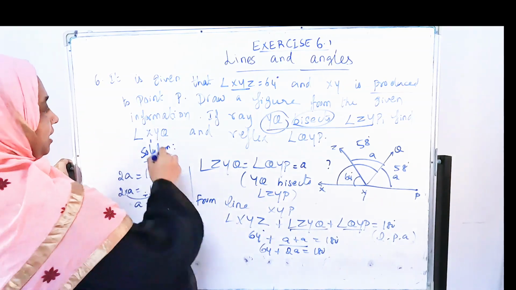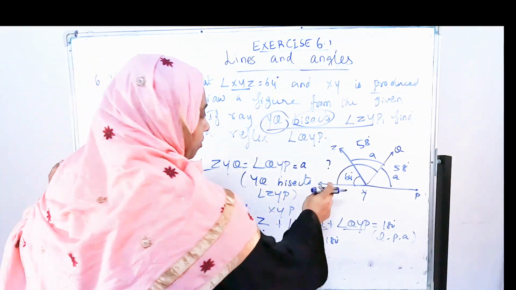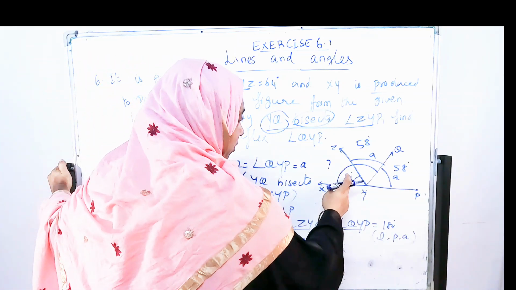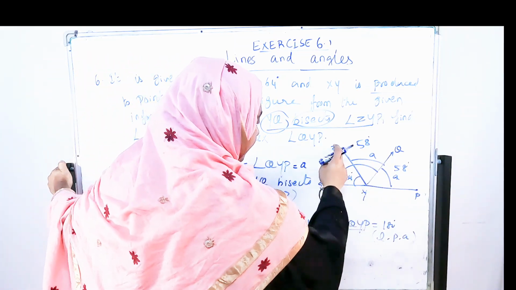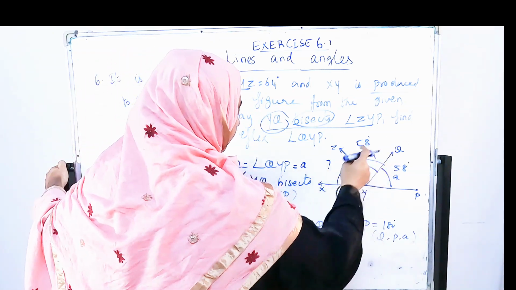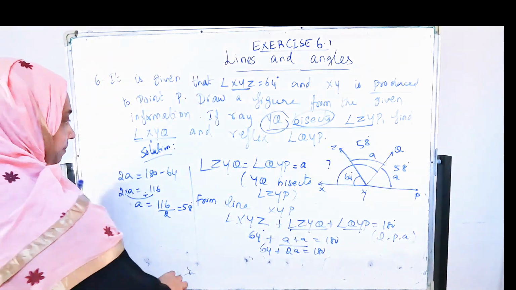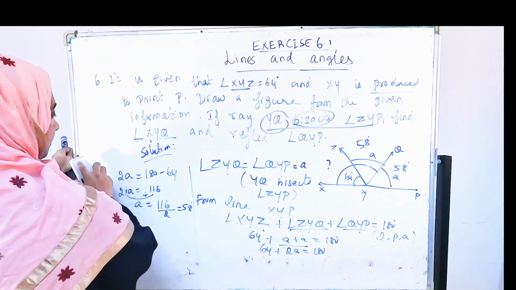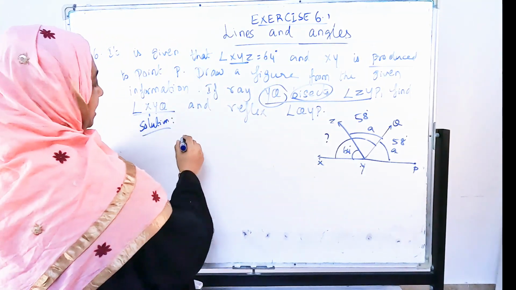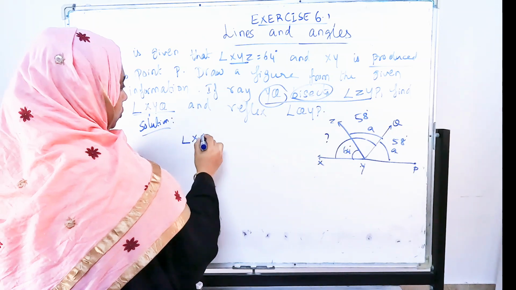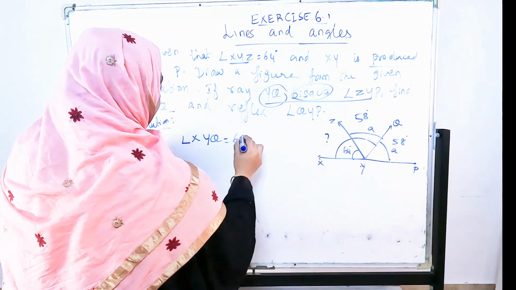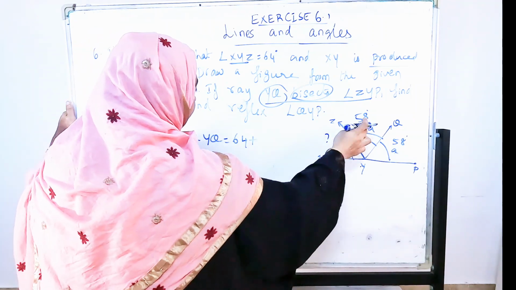Now we can find XYQ. XYQ is the combination of two adjacent angles, 64 and this A, that means XYZ and ZYQ combined. Understand what I am telling? So angle XYQ is the sum of 64 and 58.